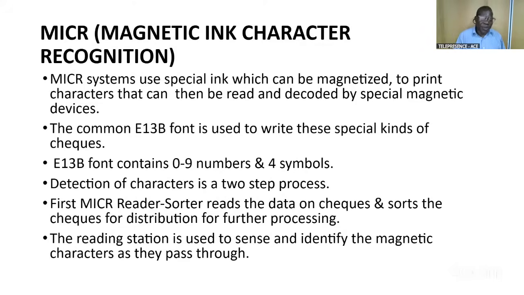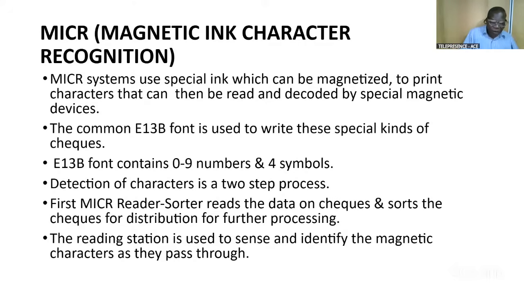The E13B font is used to write this special kind of check. The E13B font contains the numbers 0 to 9 and 4 symbols. Detection of characters is a two-step process.